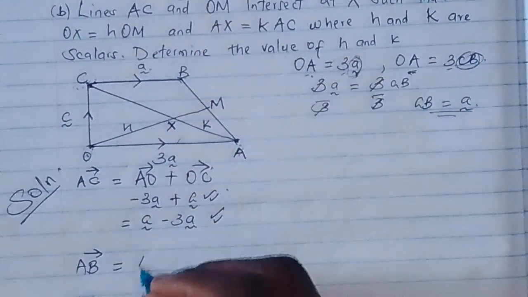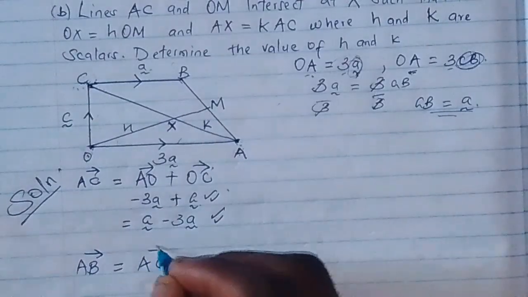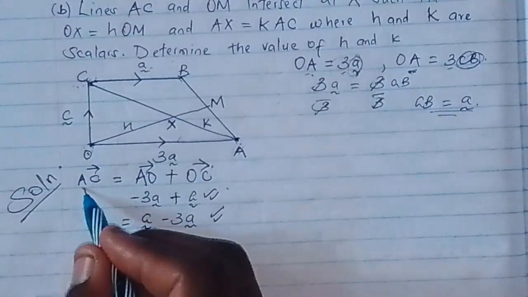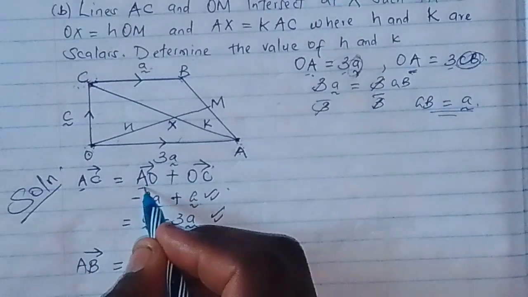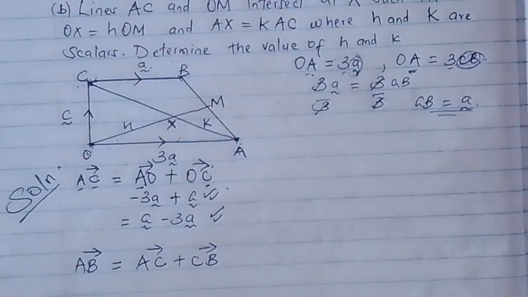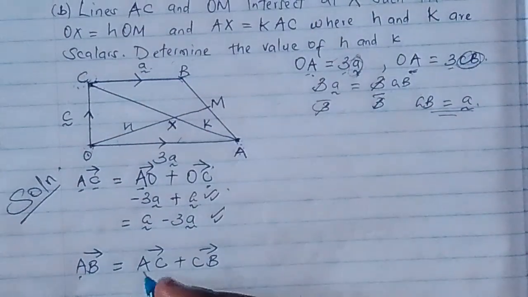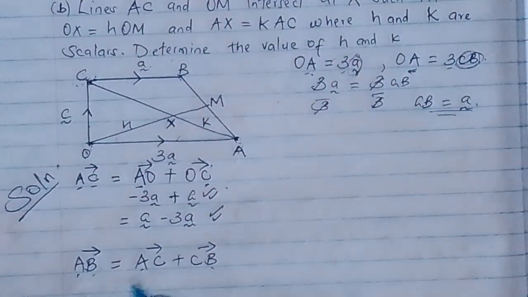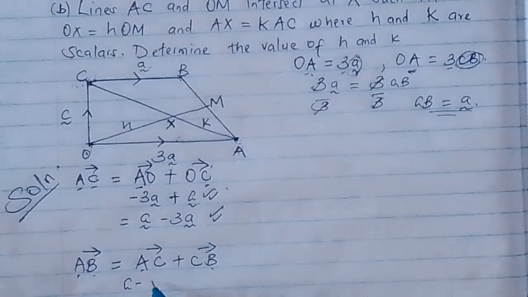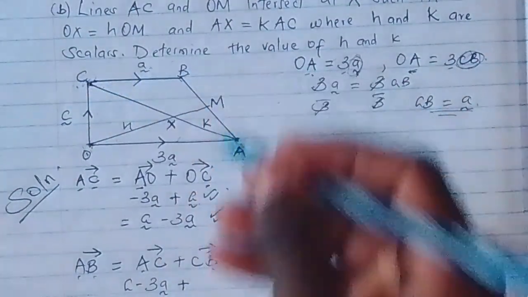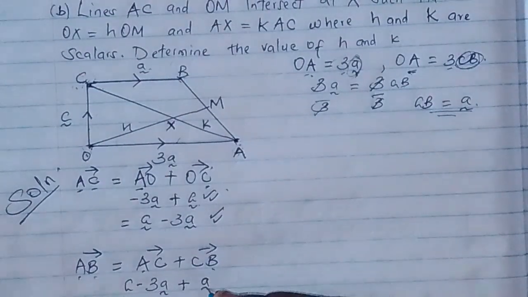So let us go through A to C plus C to B, and ensure the beginning letter is the first point and the last letter is the last point. Understood? So AB is AC plus CB. Now AC we have as C minus 3A, plus CB, which we got as A.